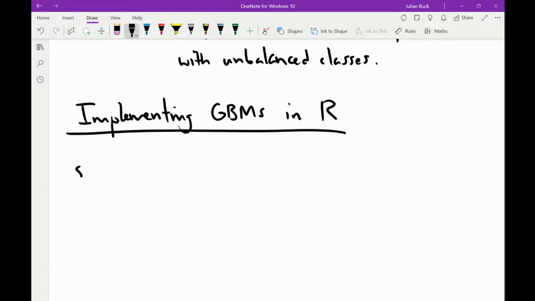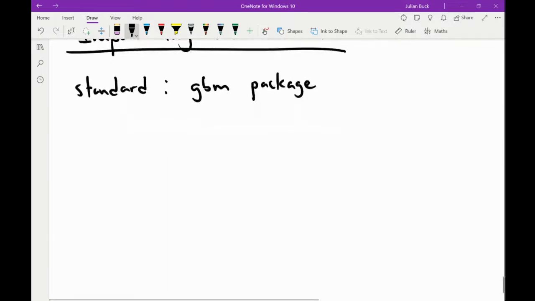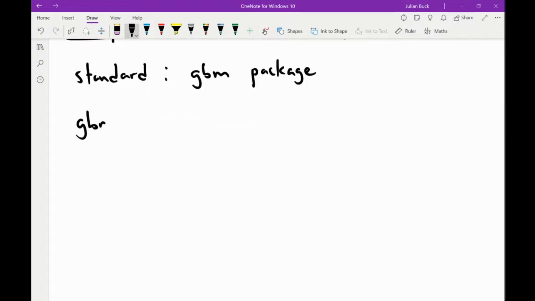Okay, the standard way of implementing a typical gradient boosting machine in R is the package called GBM. Okay. So GBM has many options. Here are some of them.